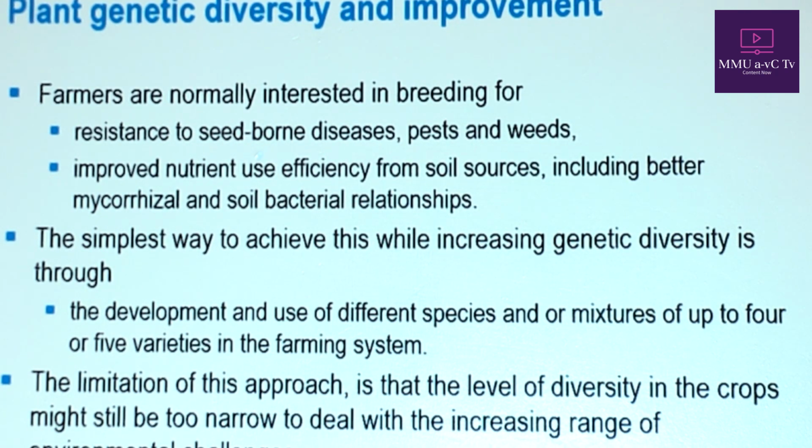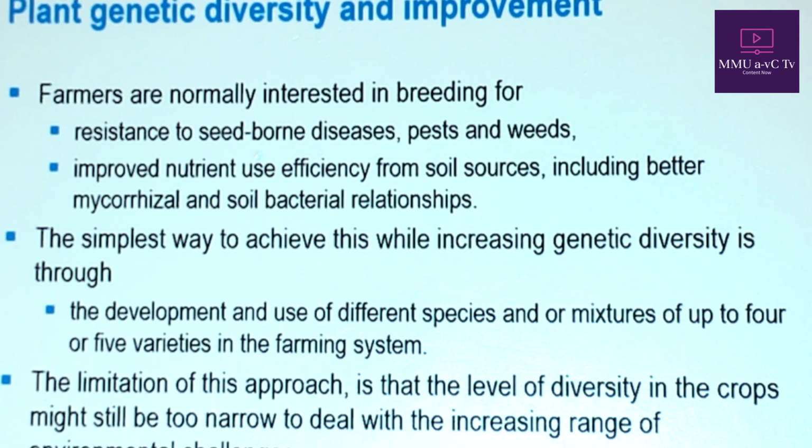Farmers are normally interested in breeding for resistance to seed-borne diseases, pests and weeds, improved nutrient use efficiency from soil sources, and the simplest way to achieve this while increasing genetic diversity is through the development and use of different species or mixtures of up to 4 or 5 varieties in the farming system.